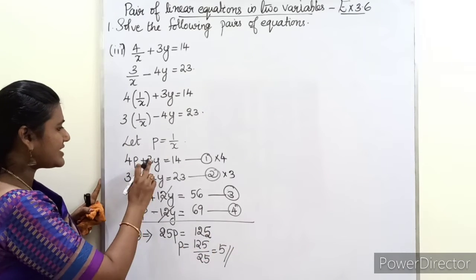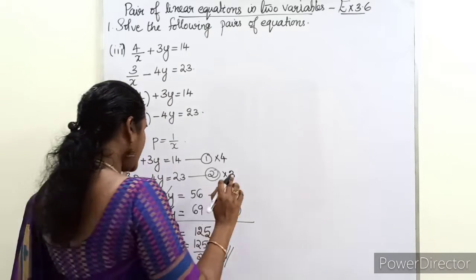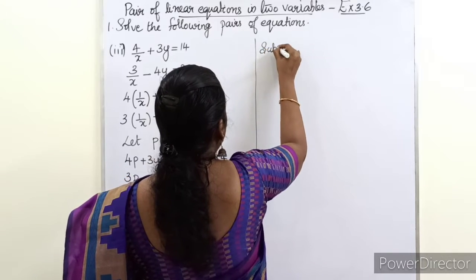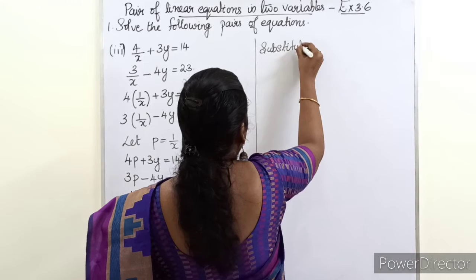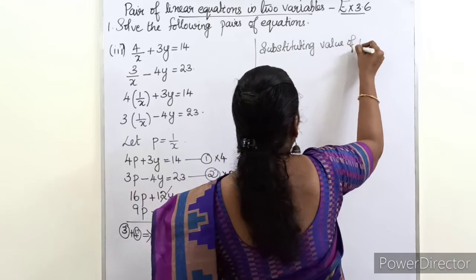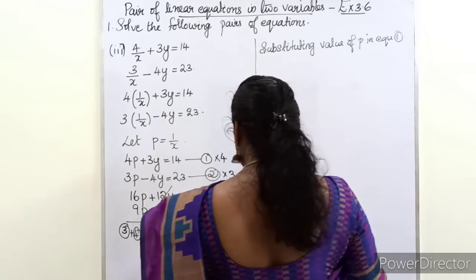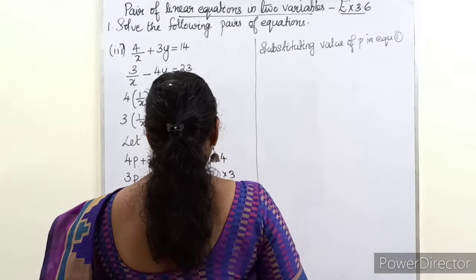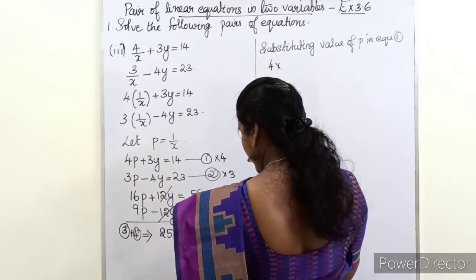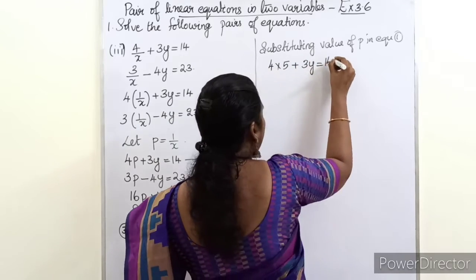This value we will substitute in the first equation and we will get the value of y. So substituting the value of p in equation 1. The first equation is 4p, that is 4 into the value of p, which is 5, plus 3y is equal to 14.